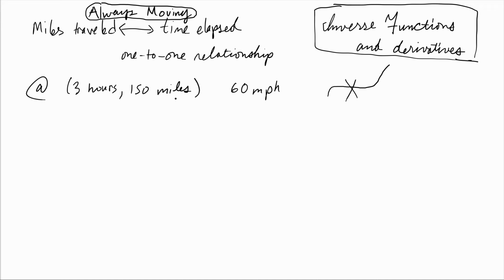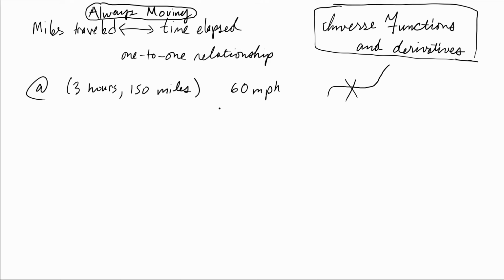Again, we're not going in places where you have stoplights or signs, so we're obeying traffic rules, but just for the situation. All right, so let's suppose at a particular moment in time, at 3 hours we've traveled 150 miles. And the speed that we're traveling at instantaneously at that particular moment is 60 miles per hour.